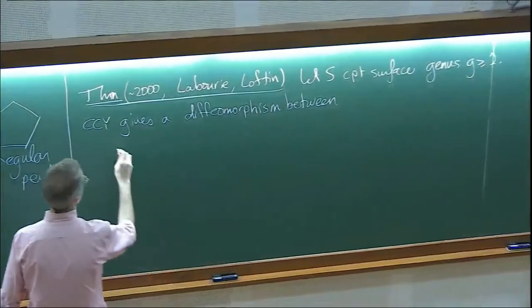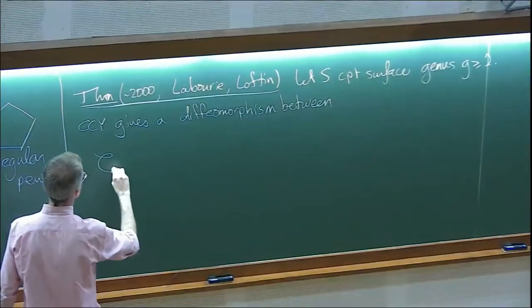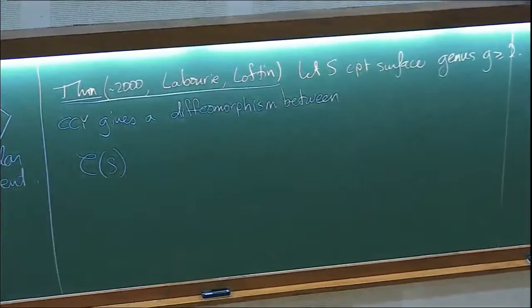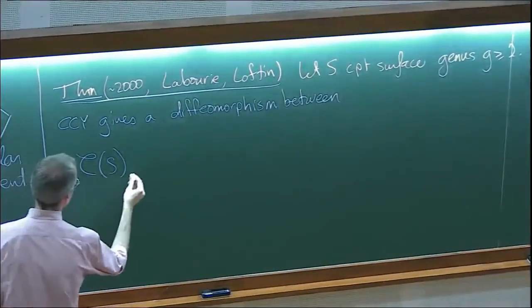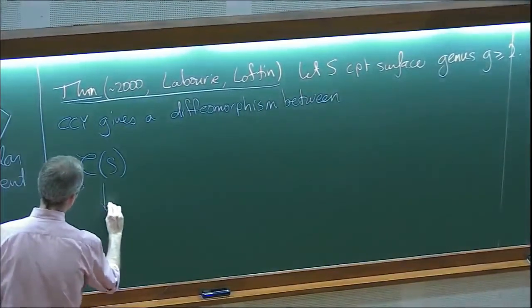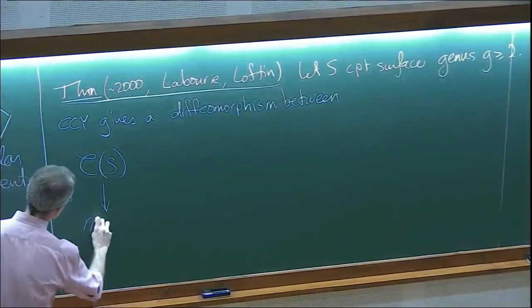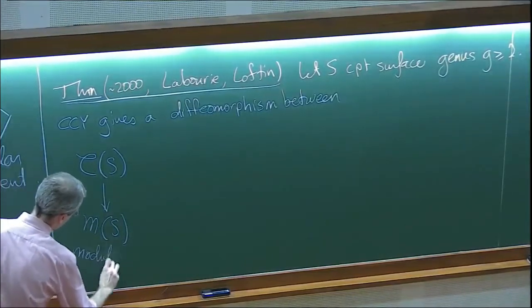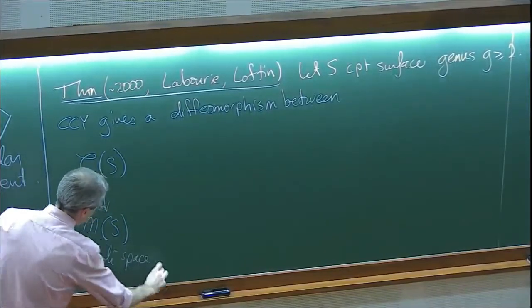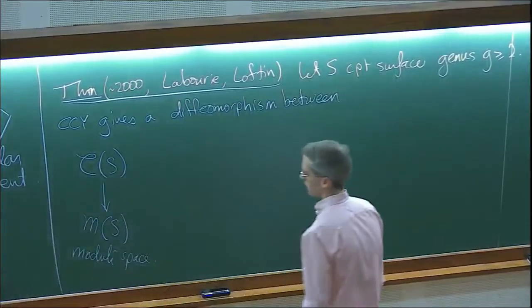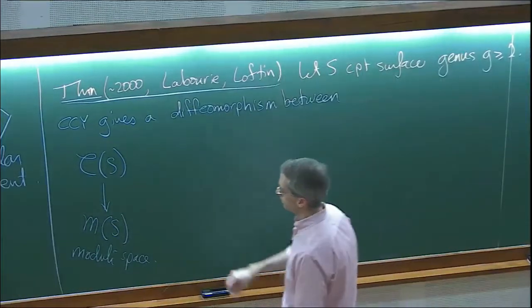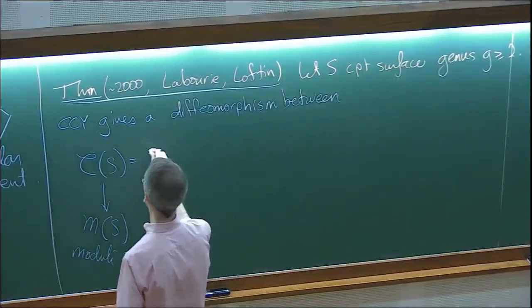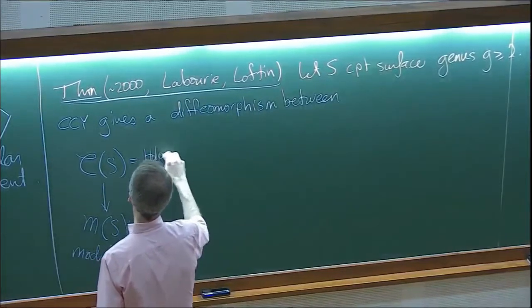And this correspondence gives a diffeomorphism between a space that I'll call C of S. C of S is the total space of the bundle of holomorphic cubic differentials over the moduli space of Riemann surfaces homeomorphic to S. So here M of S is the moduli space of holomorphic equivalence classes of Riemann surfaces of type S. And here C is the bundle of holomorphic cubic differentials.